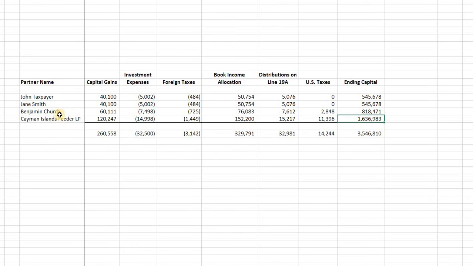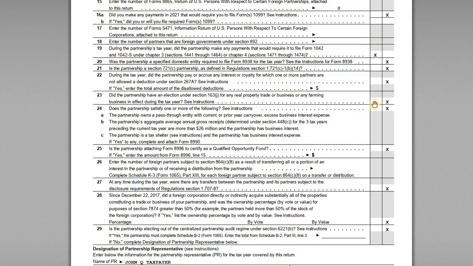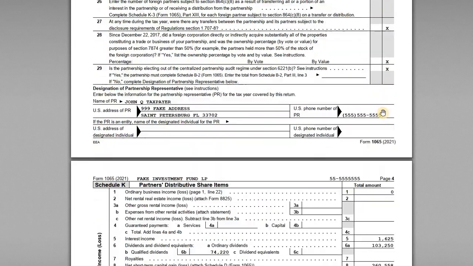That's this issue here. Right, Ben Church and the Cayman Feeder Fund, they are subject to U.S. withholding taxes on their U.S. source dividends. And so these are the U.S. withholding amounts that we're going to have to basically garnish from their distributions and pay to the IRS as the taxes. Okay, the remaining questions are no.